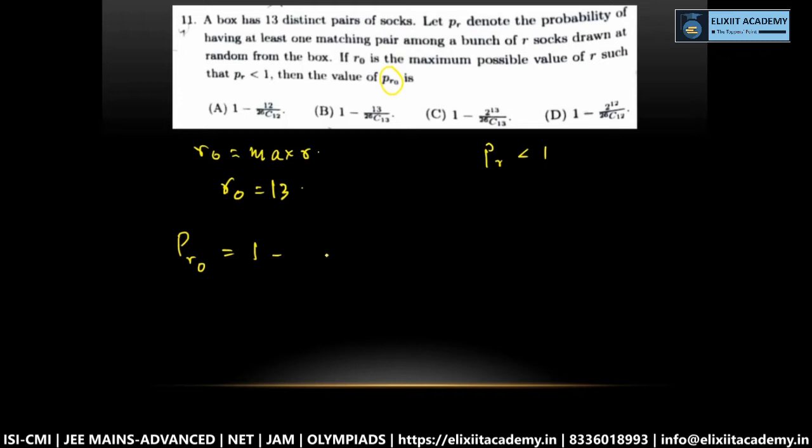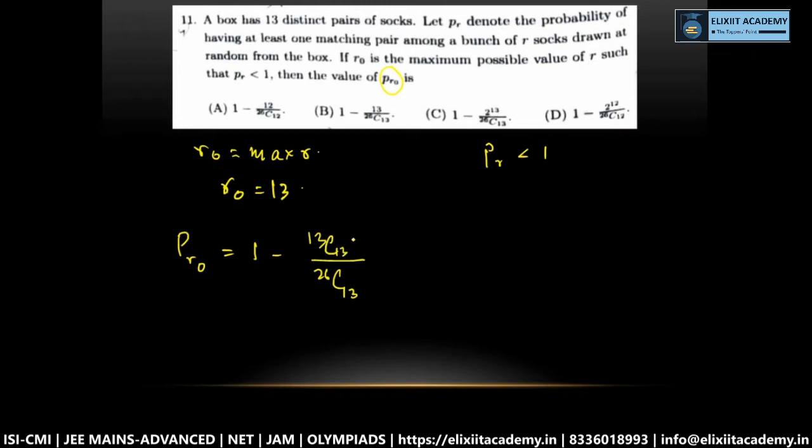Obviously, the total possible cases is 26C13. And now in this case, how many cases? First we can choose 13 pairs out of the 13 pairs we have. So basically 13C13, right?